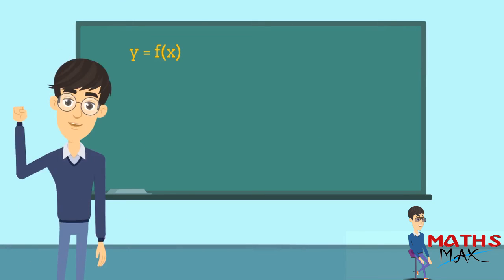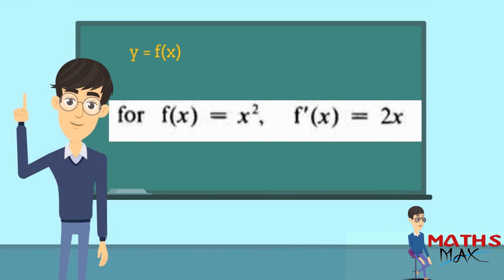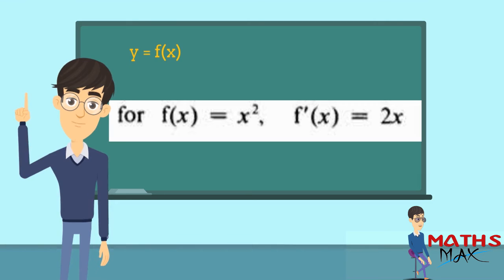There is an alternative notation, which concentrates on the function of x, rather than the equation of the curve. For example, y equals f(x). If y equals x squared, then we can say f(x) equals x squared. We can denote dy by dx as f'(x).